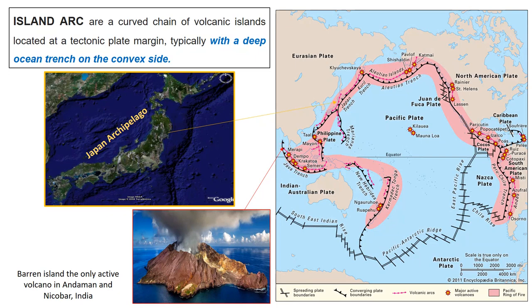We have the Andaman and Nicobar Islands located over here, formed over the trench, which are island arcs. So the active volcano in India is known as the Barren Island.